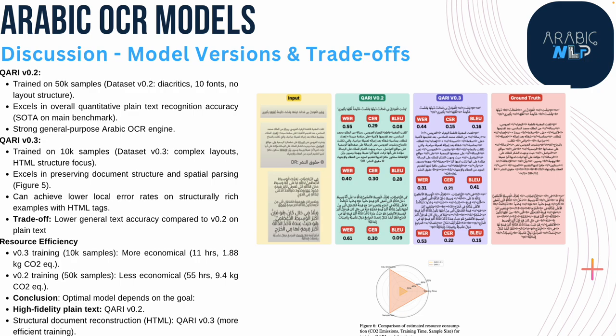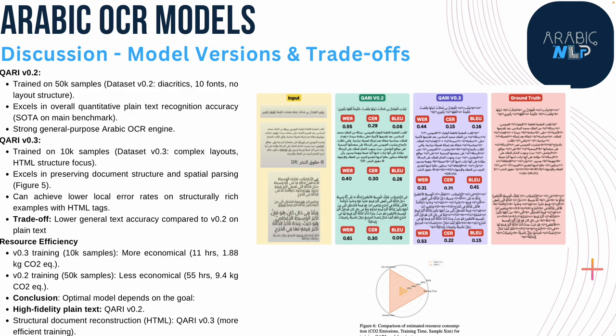And when it comes to Qari version 0.3, this model was trained on a smaller dataset, maybe 10,000 samples, but one that specifically focused on complex page layout and structure like HTML tags. So this model is better at understanding how the text is organized on the page, and we included a lot of examples in the paper showing the difference between Qari 2 and Qari 3.